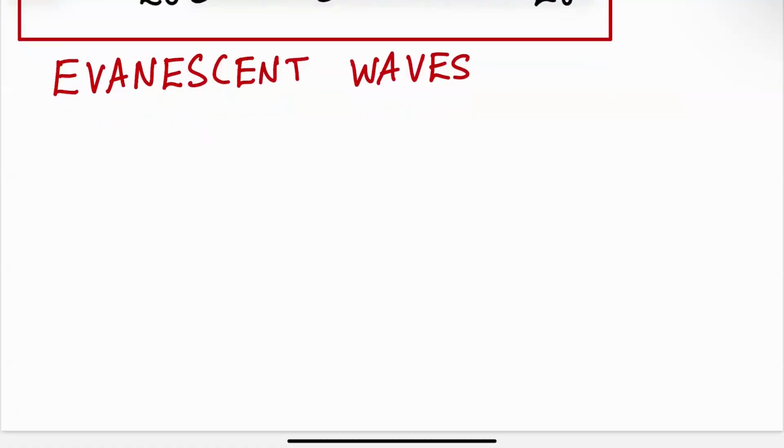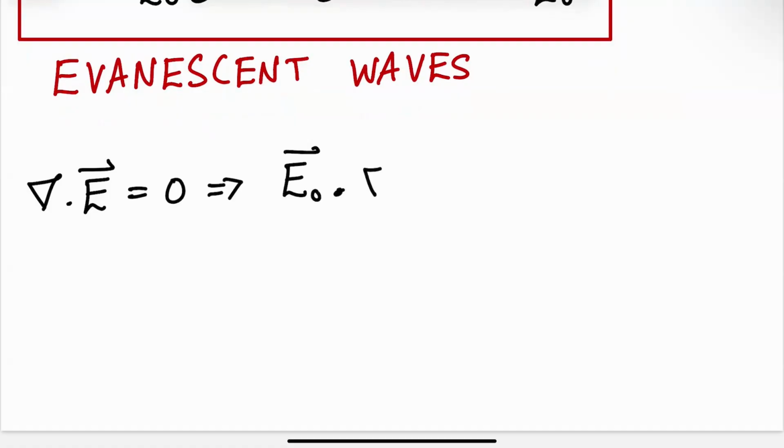So we looked at the gradient of the phase and showed that that's equal to k. We can also establish a few more relationships in plane waves. One of them is by taking the divergence of E, which we know is 0 from Maxwell's equations. The divergence of E, when you put the plane wave equation in there, is nothing but E naught vector times the gradient of e to the i k dot r.